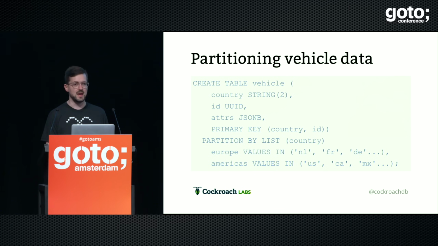In this case, we want to map our country codes into a couple of zone names, and this is a convenience that you can use so that you don't have to refer to dozens of different configurations per country. You can do this just based on the number of regions that you have. And then you have the flexibility to change that mapping so that as you add new regions, you can change this later.